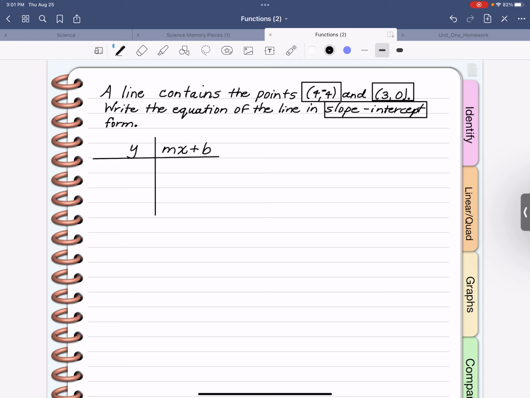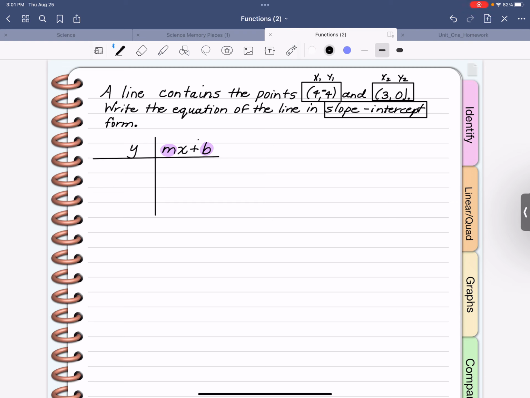Okay. So we have a y and we have an x. We could use either one of these. We have this first pair, or we have this second pair. We could pick either one of those. We don't have slope. And do we have baby b or not? Remember what baby b is.